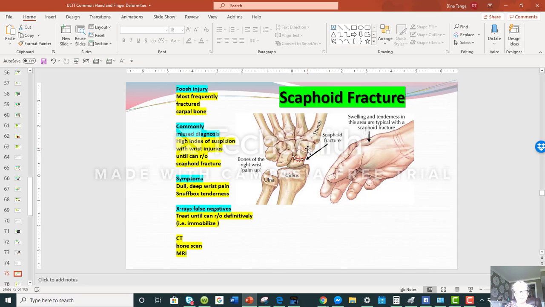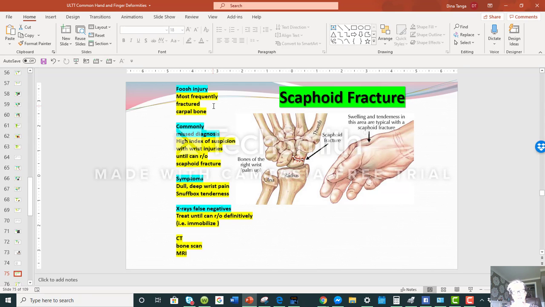Scaphoid, right here. Swoosh injury, most frequently fractured carpal bone, commonly misdiagnosed. High incidence of suspicion with wrist injuries until you can rule out scaphoid fracture.